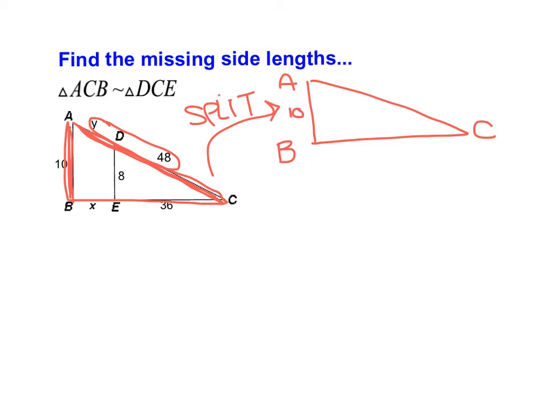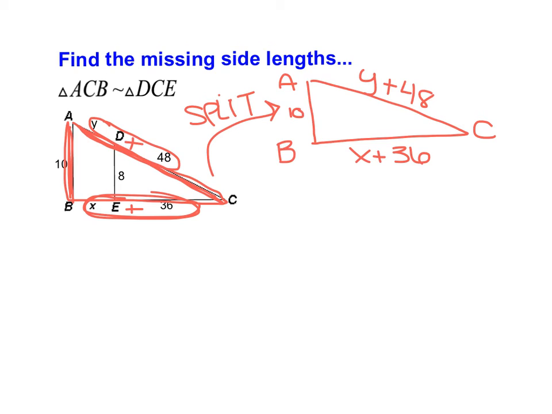So what's really happening on that shared side length with the two values is you actually have an addition going on. So this is y plus 48. That whole side length is y plus 48. So we're going to put that little plus sign in there to account for y plus 48 for the whole side. And then we're going to do the same thing down here. This is really x plus 36.